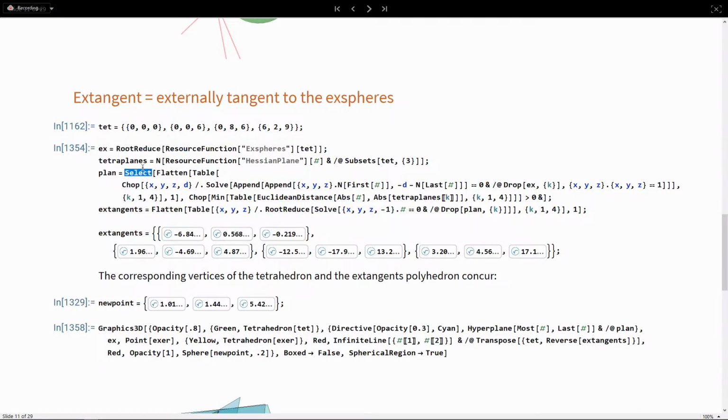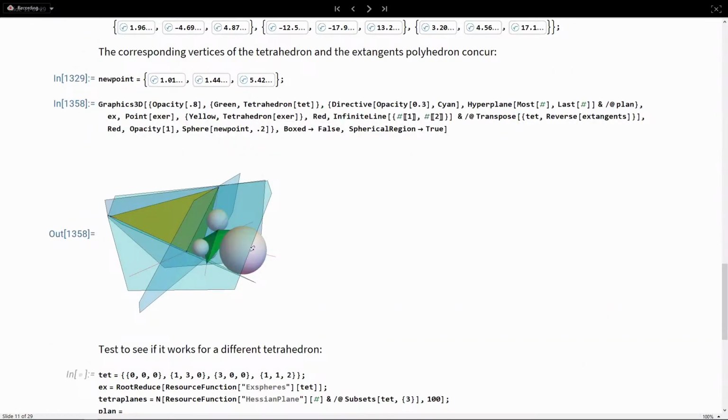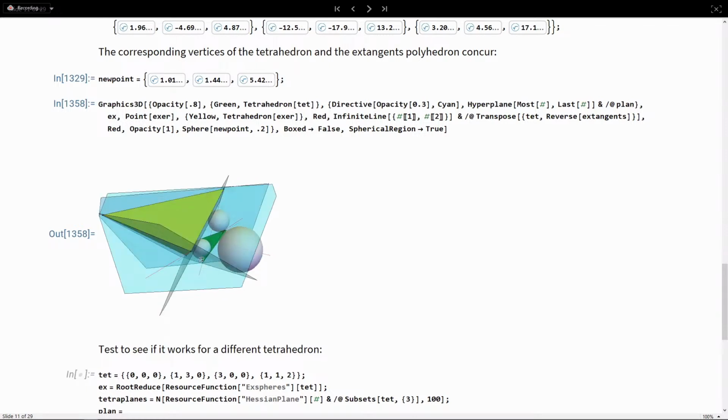Here's somewhat hacky code for picking out the planes tangent to the spheres. Each of these planes is tangent to 3 of the spheres. However, the original tetrahedron also has planes that are tangent to 3 spheres.